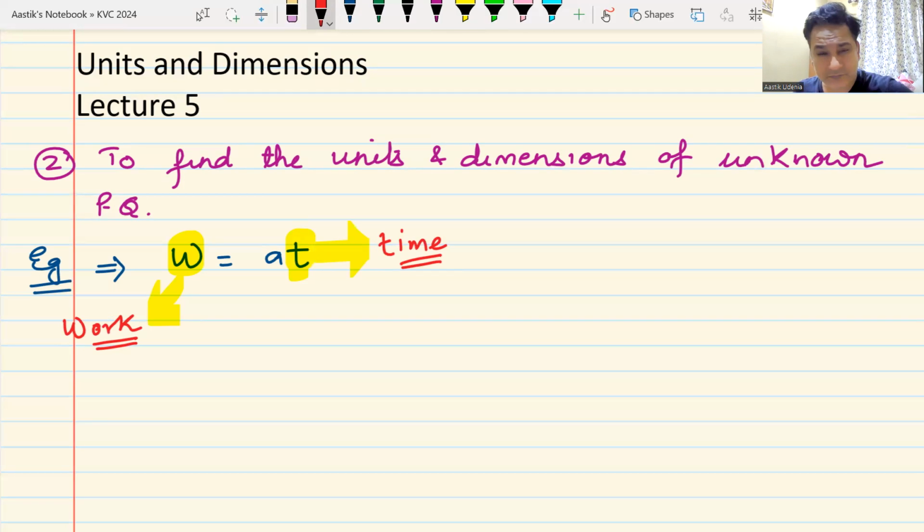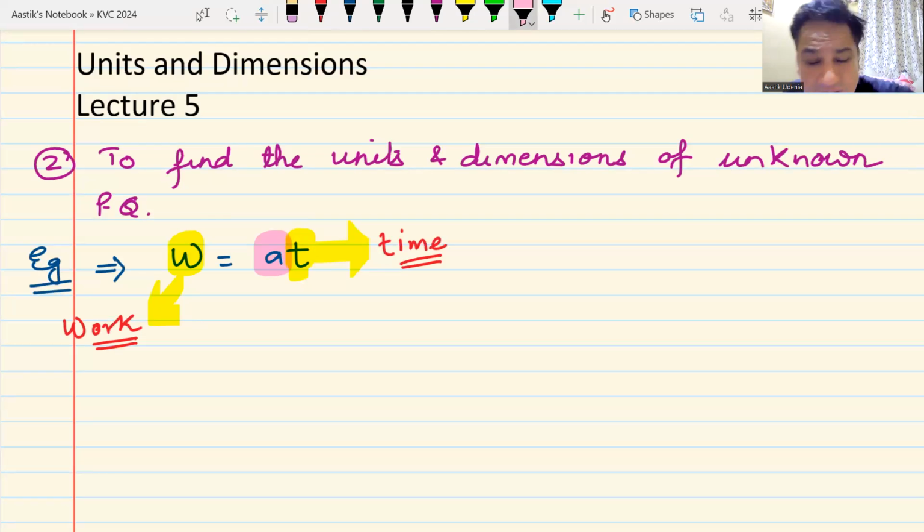Which one is that? W is work, T is time. What is the unknown quantity that you see here? The unknown quantity that you see here is A.